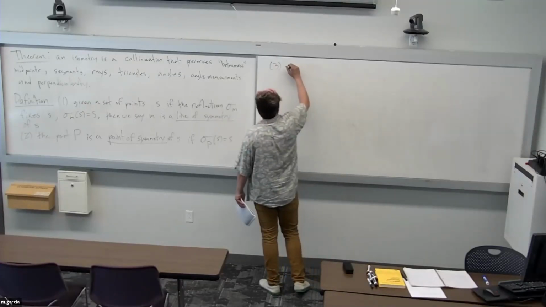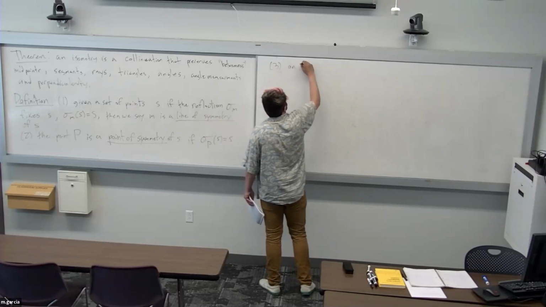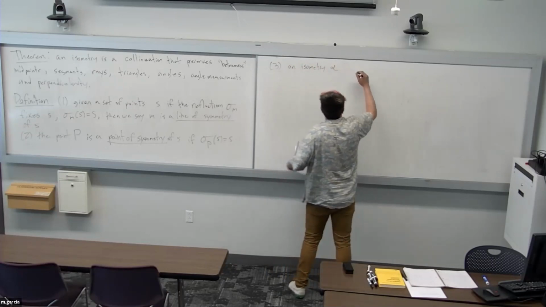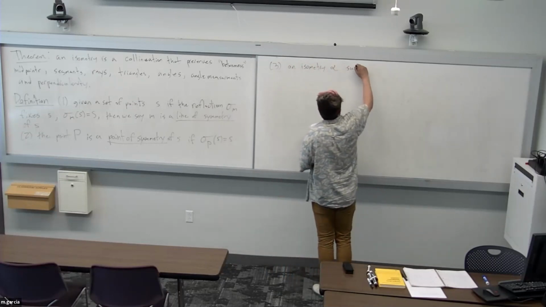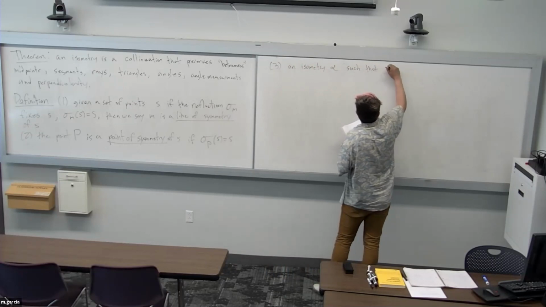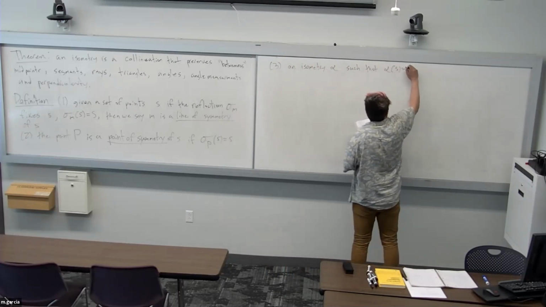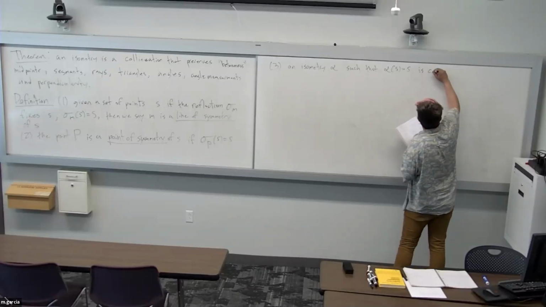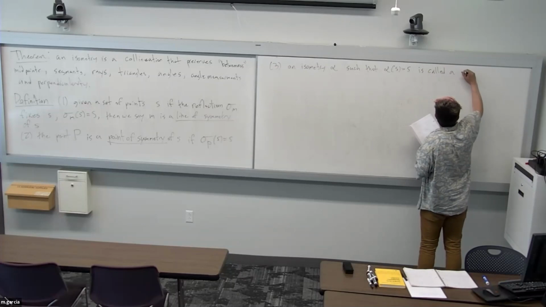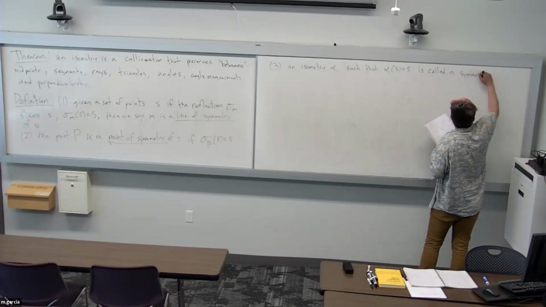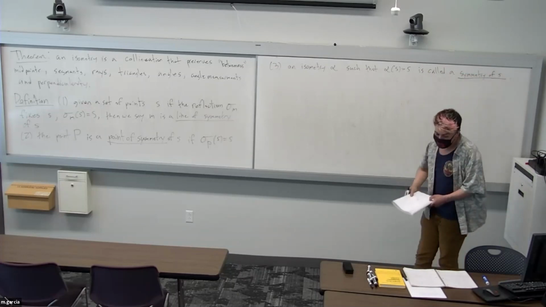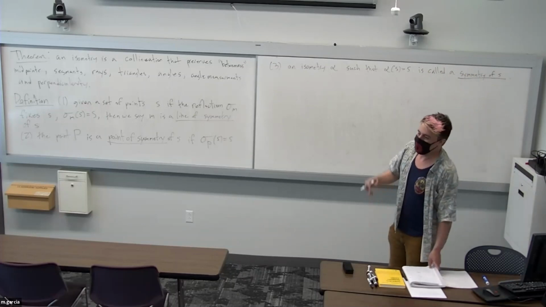In general, an isometry alpha such that alpha fixes S is called a symmetry of S. A symmetry is just an isometry, right?